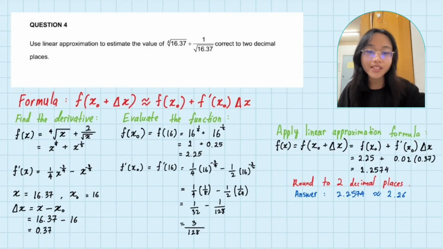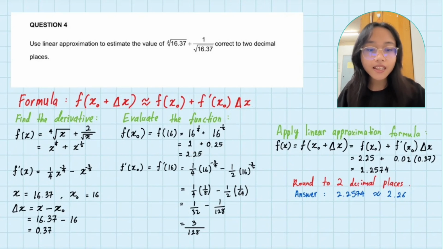We are going to calculate and evaluate the function f(x). We are going to sub in x equal to 16, and f(16) equals 16 to the power of 1 over 4 plus 16 to the power of negative 1 over 2. So the answer for f(x) is 2.25.